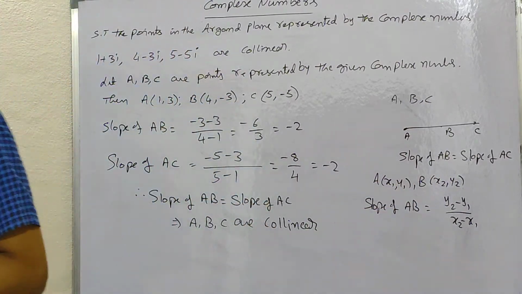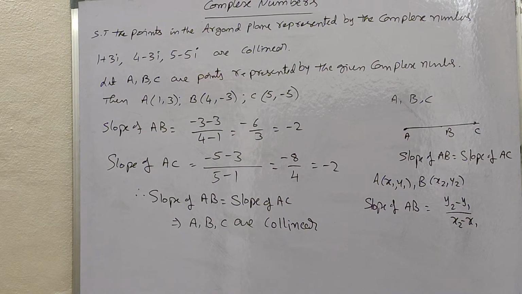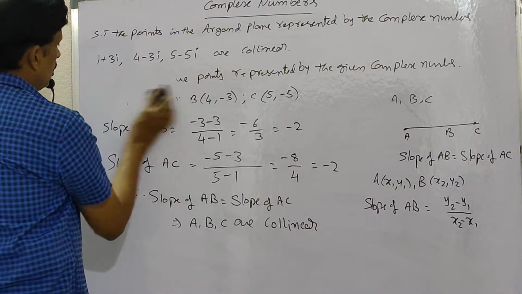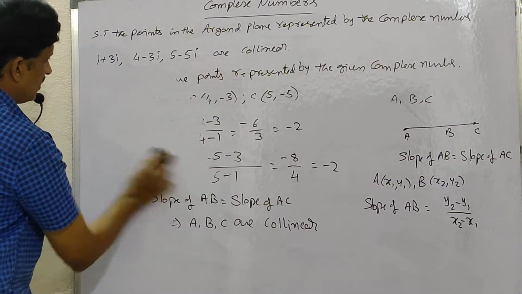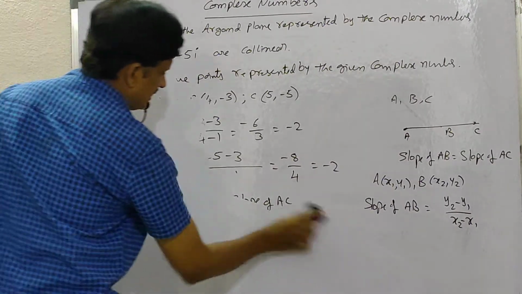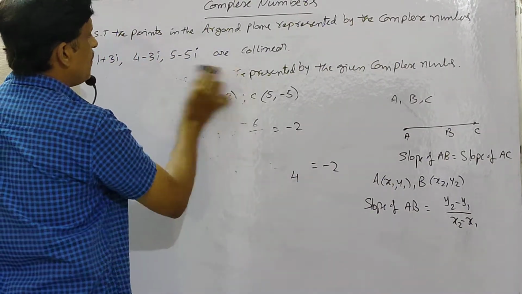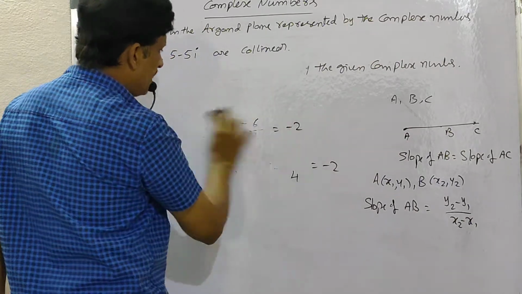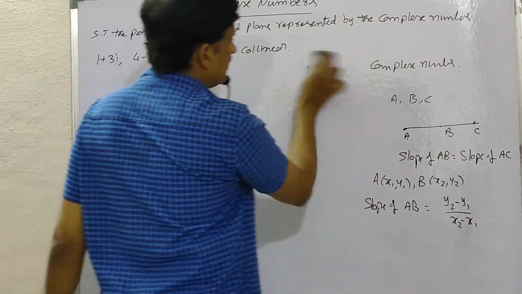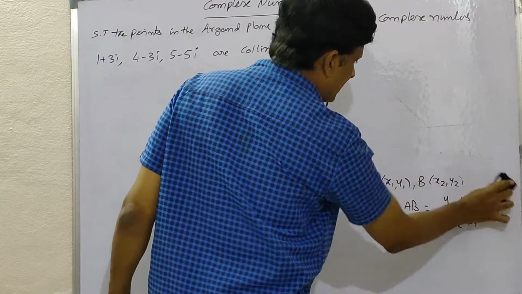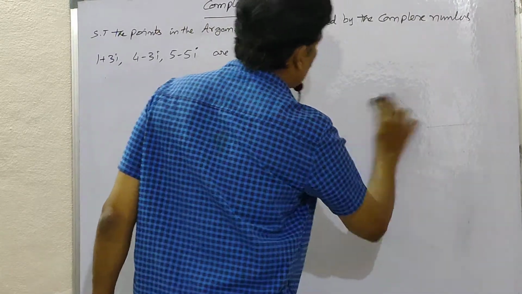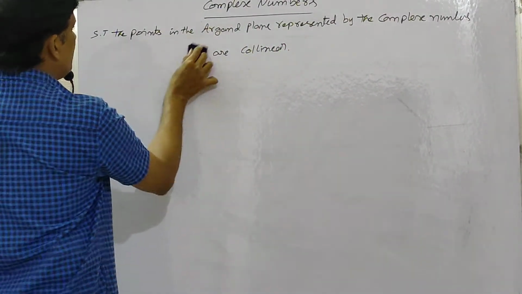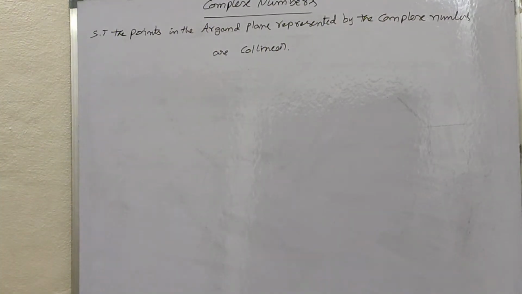Now another problem. Show that the 3 points represented by the given complex numbers in the Argand plane form an equilateral triangle. We have to prove that the points form an equilateral triangle.